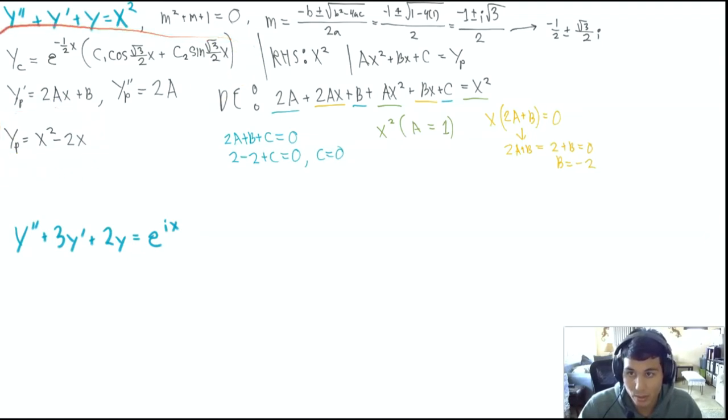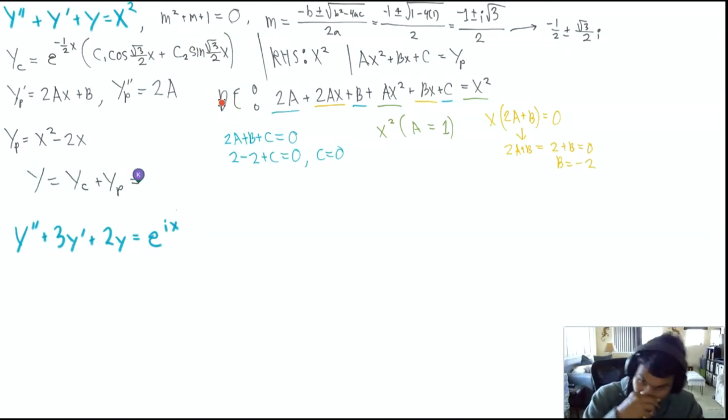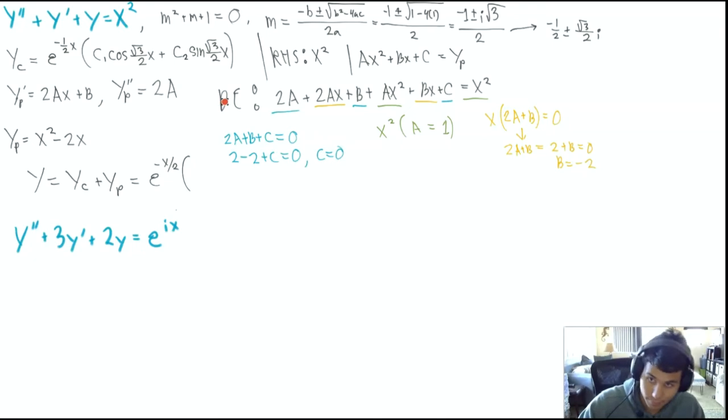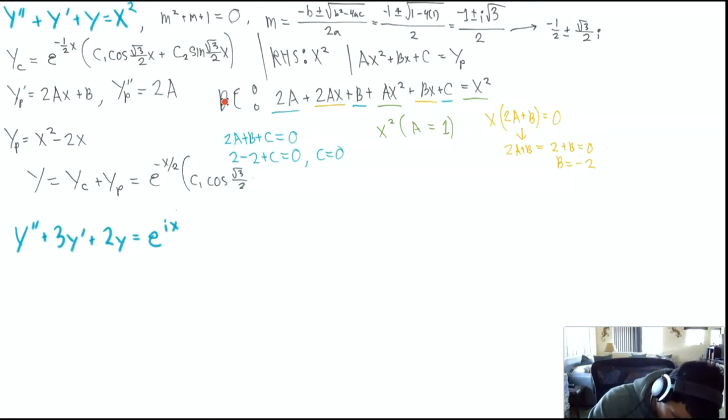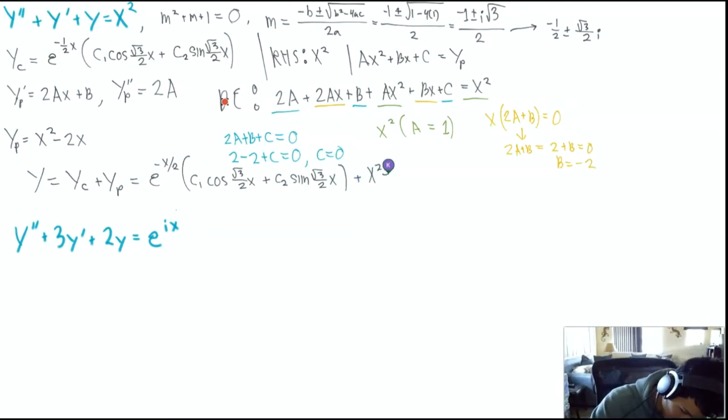This is our complementary solution, and we're just going to add those together. So y is equal to yc plus yp, which is equal to e to the negative x over 2, parenthesis, c1 cosine of square root 3 over 2 x plus c2 sine of square root 3 over 2 x, and plus x squared minus 2x.